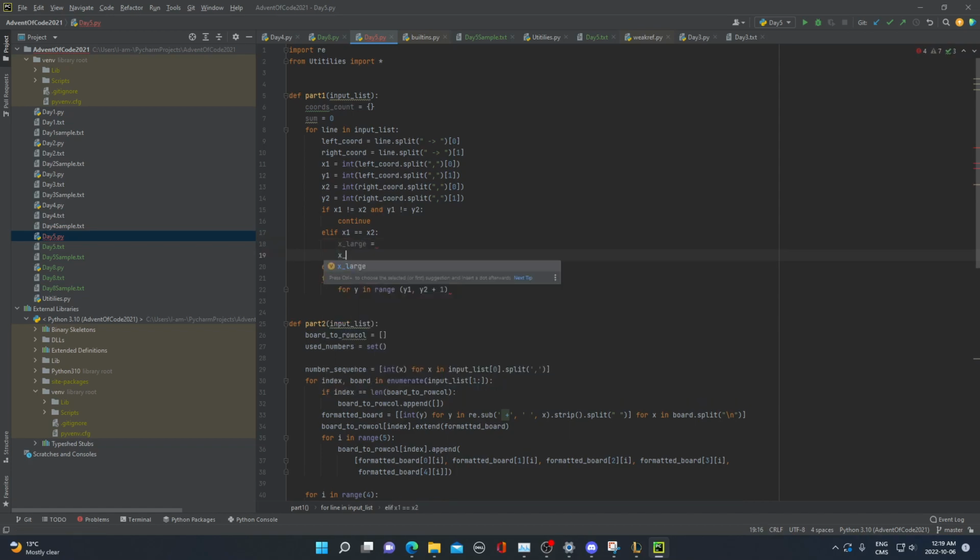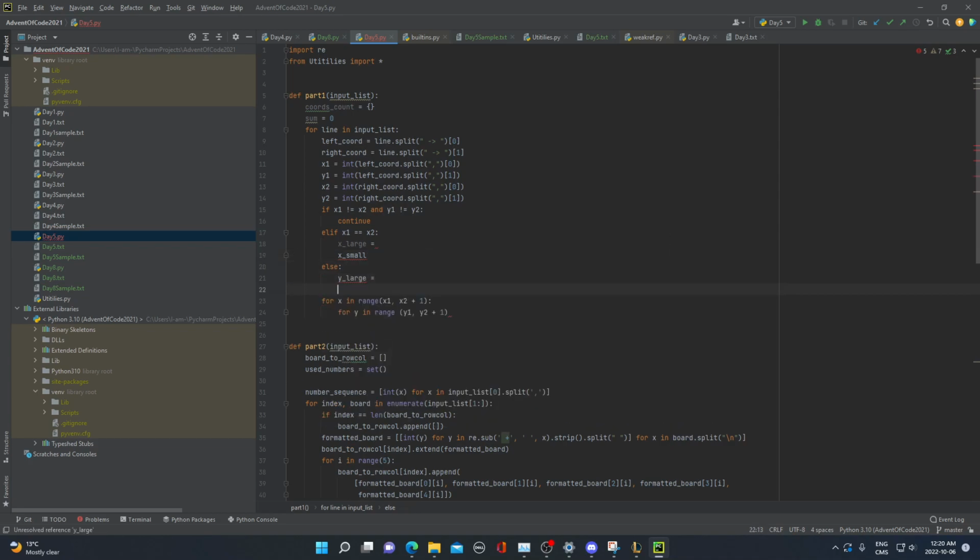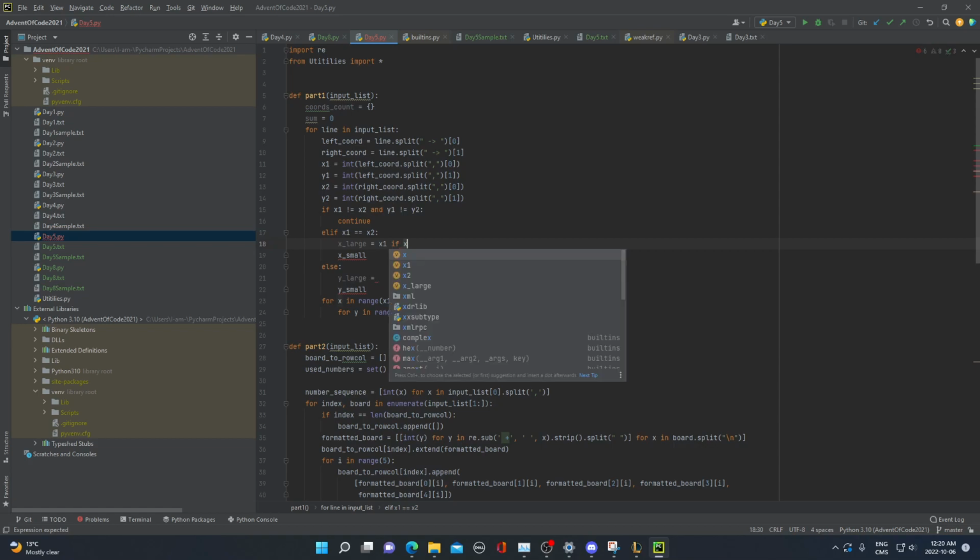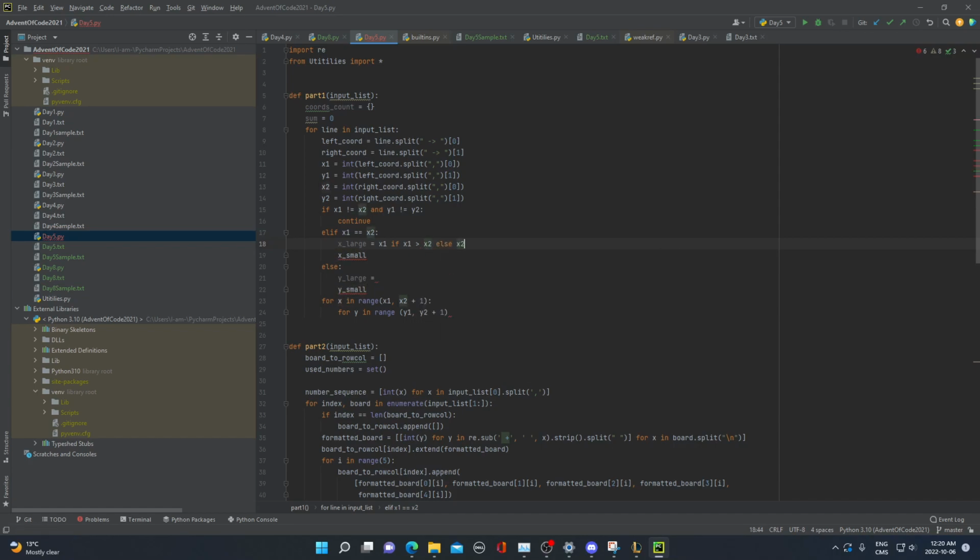We'll have two variables, x large and x small. Same for y large and y small. And same thing here.